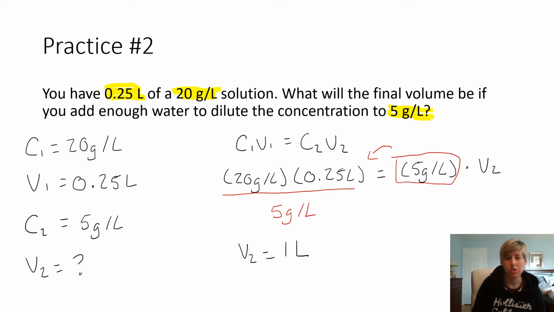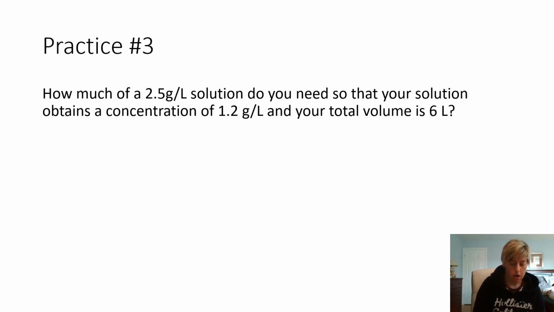Okay, let's try our last question. Our last question is the following. How much of a 2.5 gram per liter solution do you need so that your solution obtains a concentration of 1.2 grams per liter and your total volume is 6 liters? So this one's actually a little bit different.